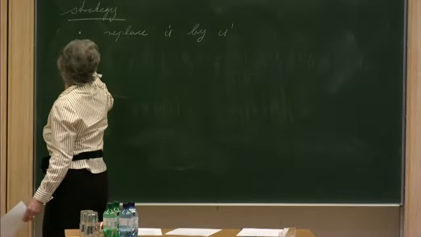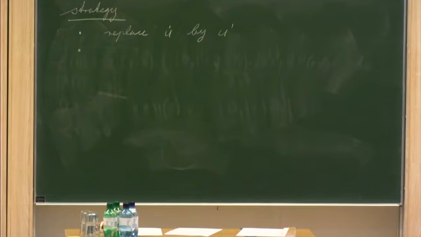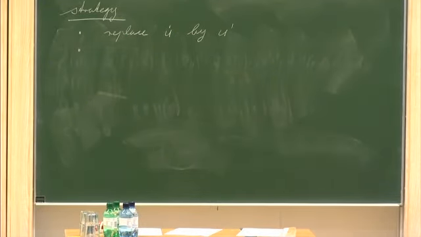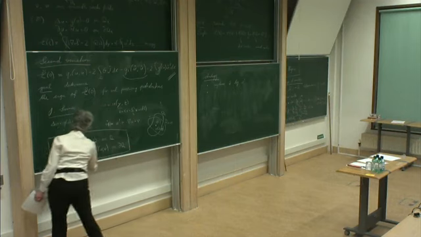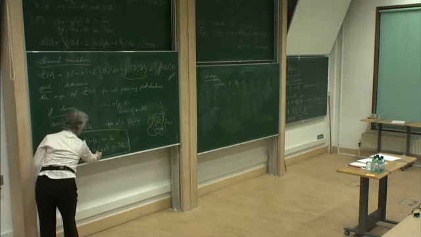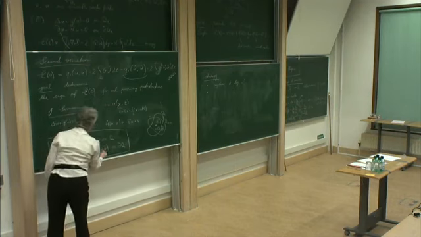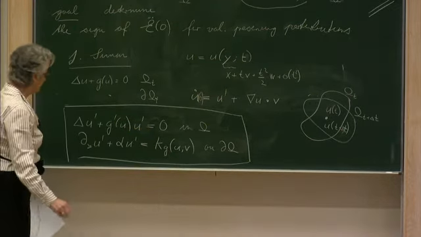And then u prime solves this problem. It depends on u, which is known and fixed, and this v.